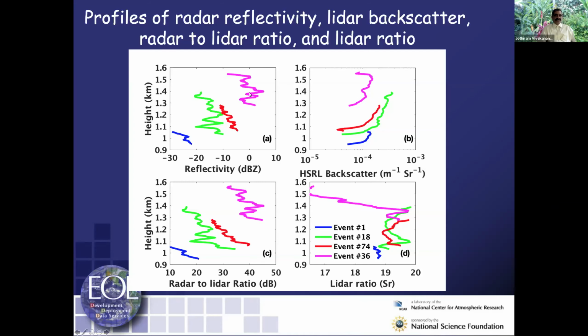The magenta one shows much larger dBZ, 0 to 10 dBZ or so. And it's picked up various types of cloud profiles. On the top right shows lidar backscatter for the same profiles of liquid water contents in this case.